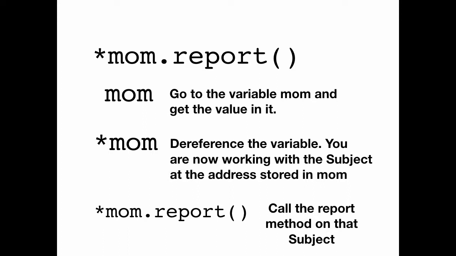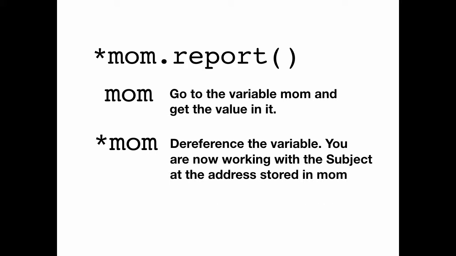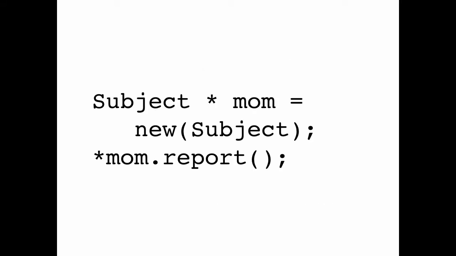Yep. Remember, we created the new subject on the last slide. So we said new mom equals new subject. And when we said new subject, it actually creates the subject and puts it there. New subject says we are making a new subject object. It doesn't have a name.